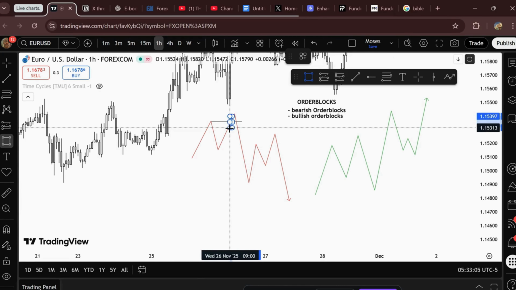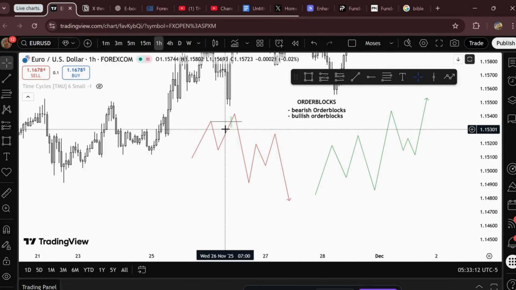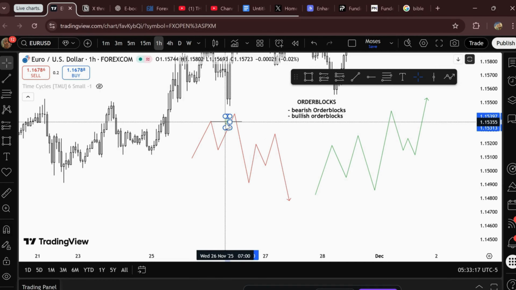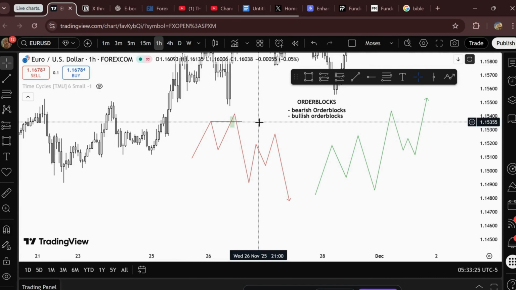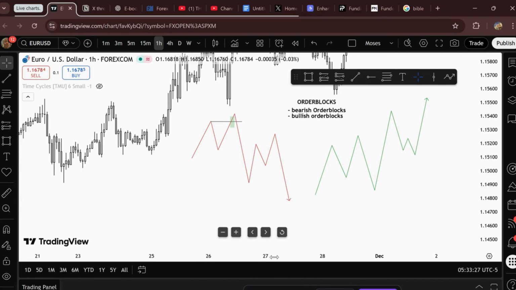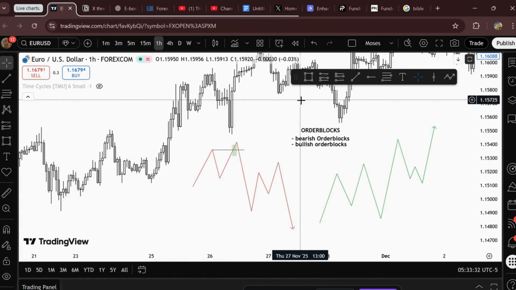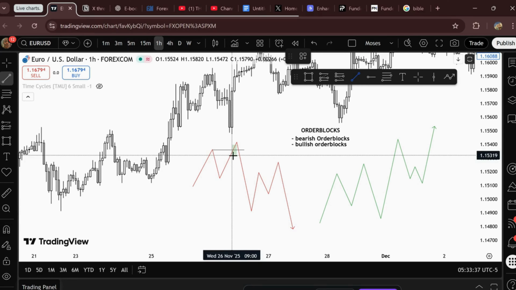Now we're saying that the last bullish candlestick before price reversed is what we refer to as the bearish order block. So let's say this is the last bullish candlestick before price reversed. I hope you can see my screen properly. As soon as price began to reverse, this last bullish candlestick becomes a bearish order block.